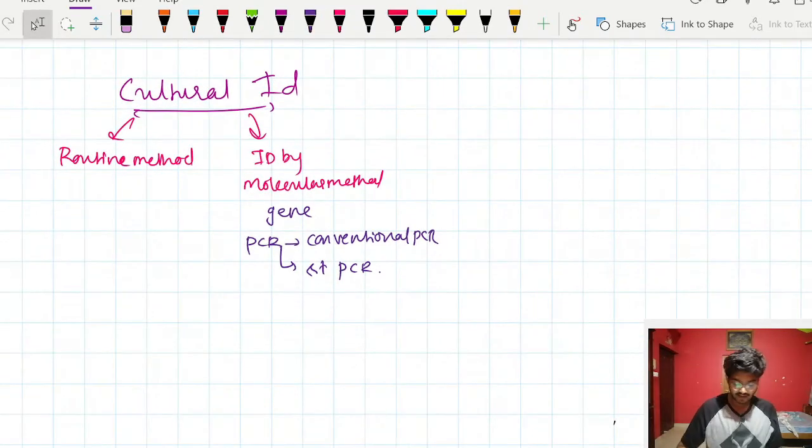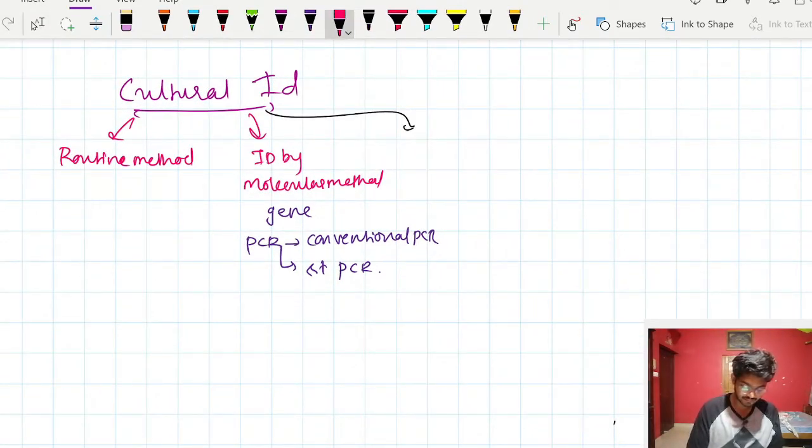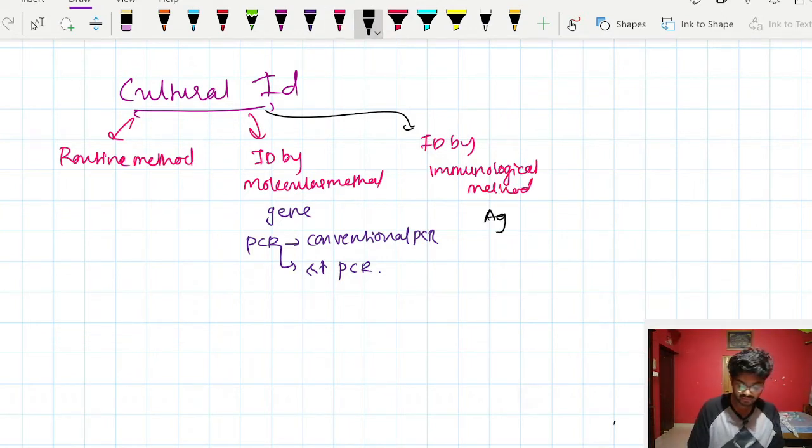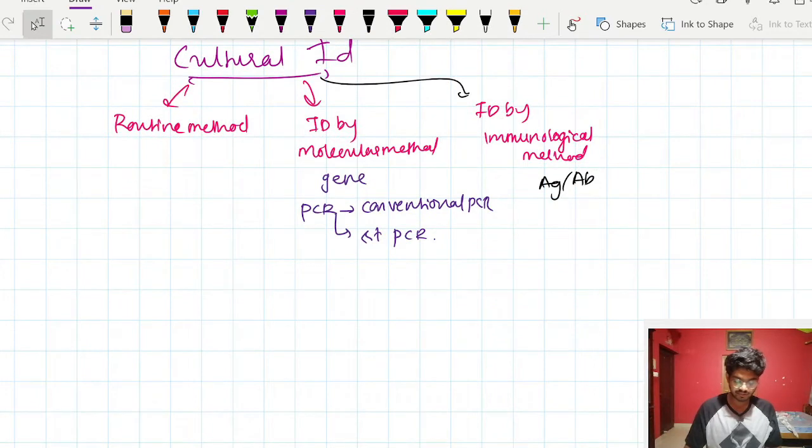Then there is identification by the immunological method, in which we usually detect antigen or antibody, which we discuss in our immunology chapter. Here we discuss our routine method and identification by the molecular method.